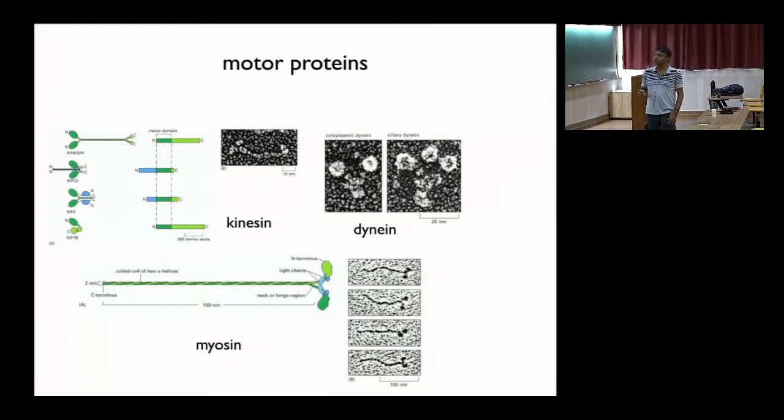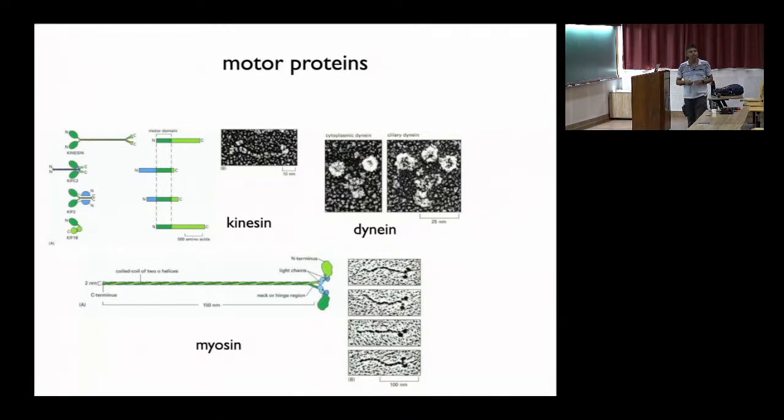These are three types of motor proteins: kinesins, dyneins, myosins. The kinesin and dynein families of motor proteins move along microtubule tracks.